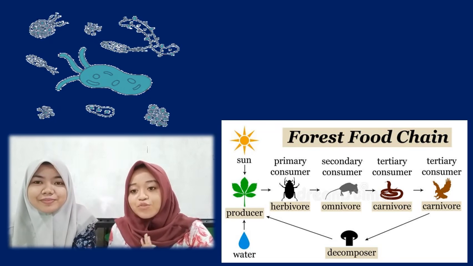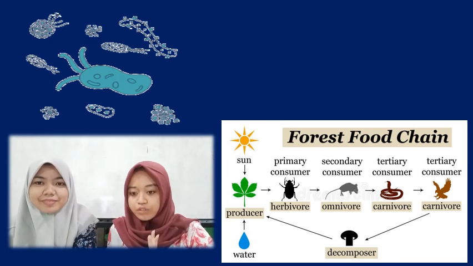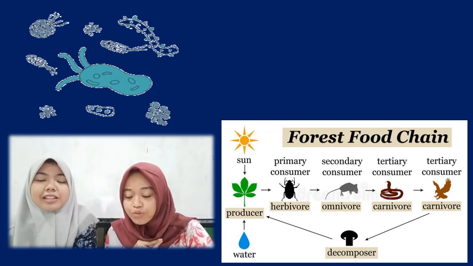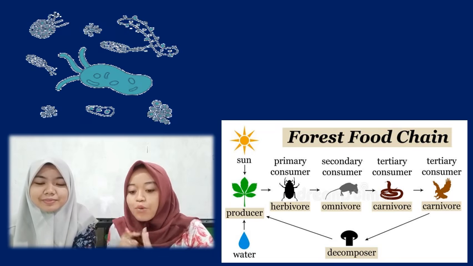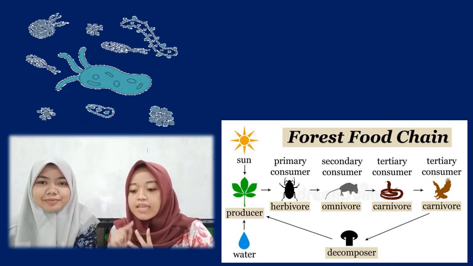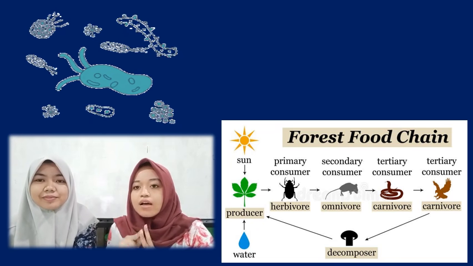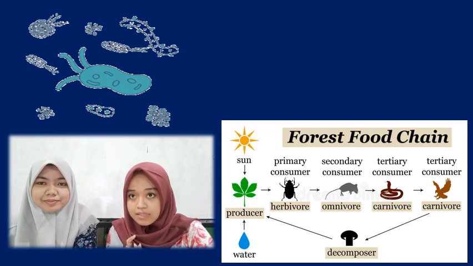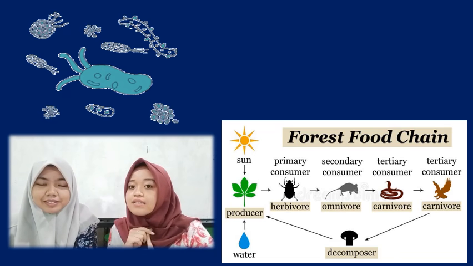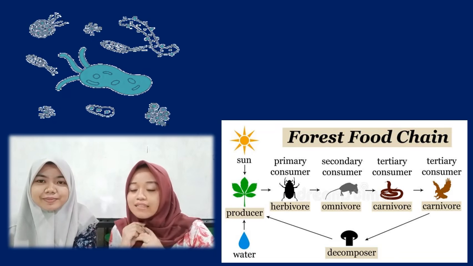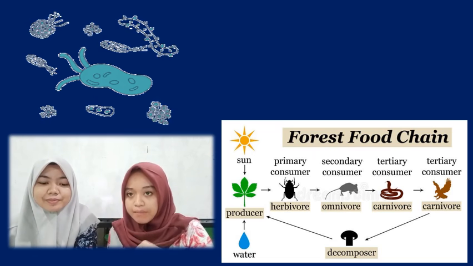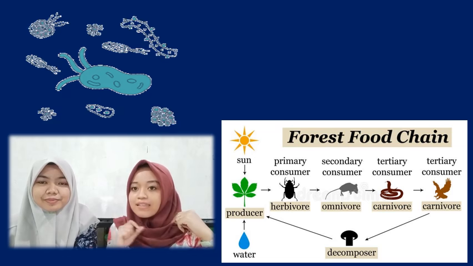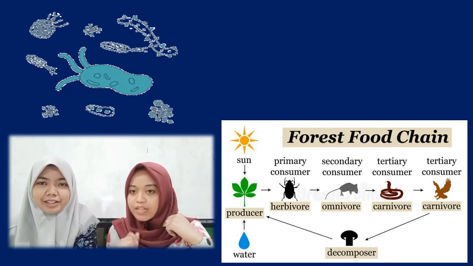So in this food chain, there are 3 predators: mouse, snake, and eagle. Why are mouse, snake, and eagle predators? Because each animal eats and catches another animal, so it is called a predator.